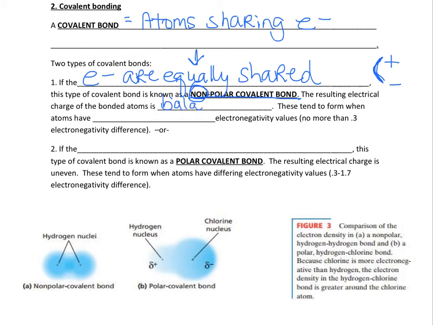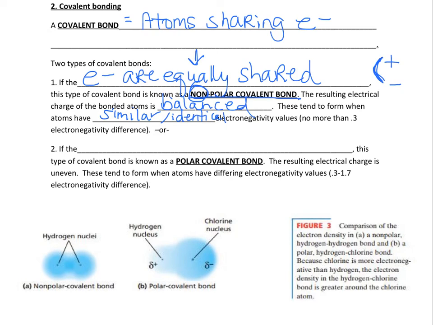These tend to form when atoms have similar or identical electronegativity values. They might be the same atom, with no more than a 0.3 electronegativity difference. This happens a lot. There are many atoms that like to bond to themselves, and that's called a diatomic molecule.